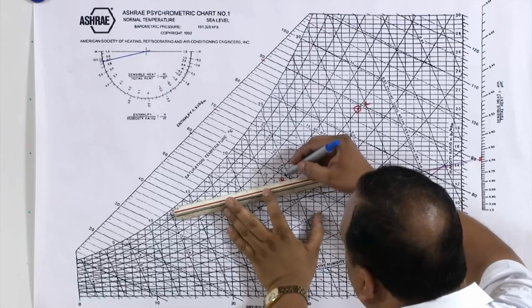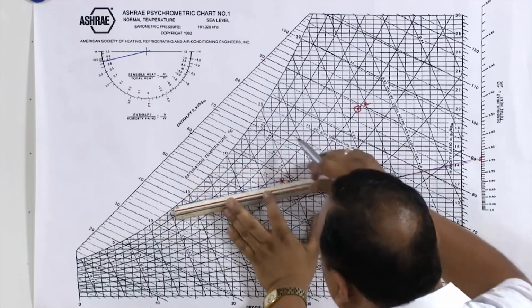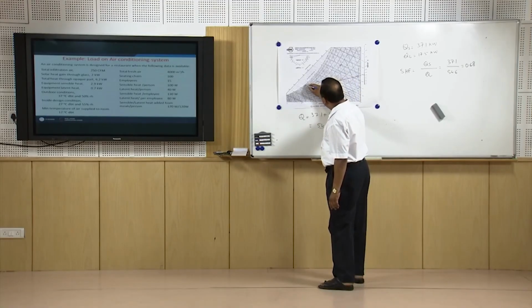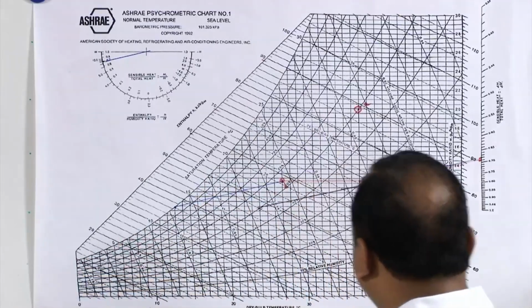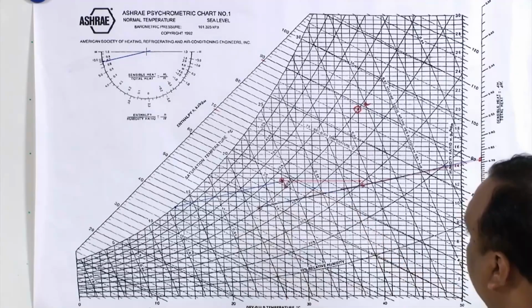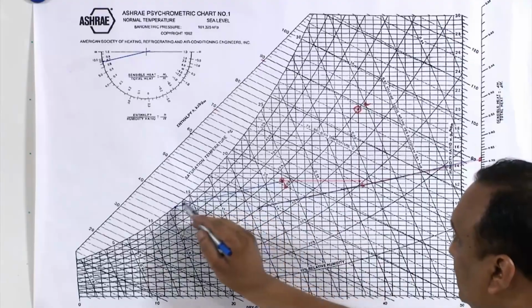So that is going to be this line, and it is cutting the saturation line at 13 degrees centigrade. This is your inside design condition, and this is your sensible heat factor line.